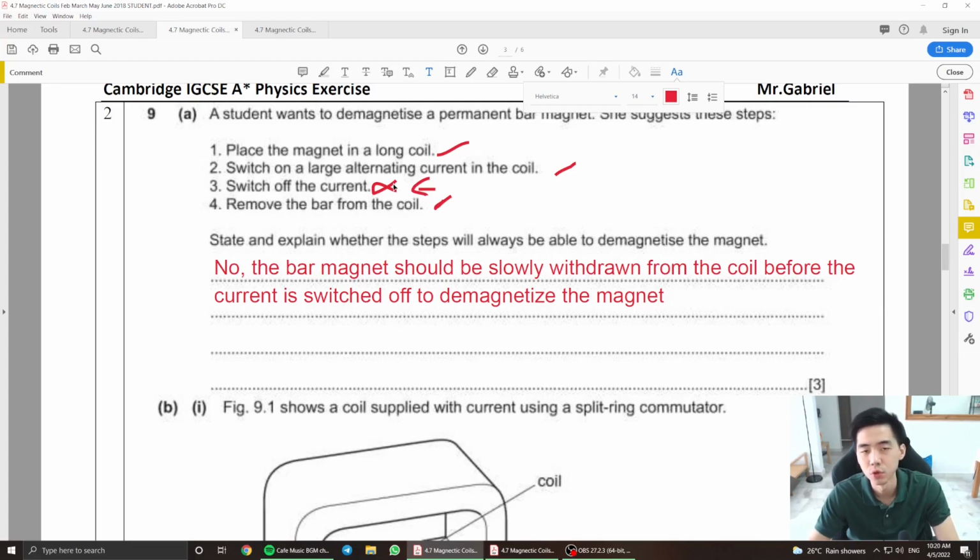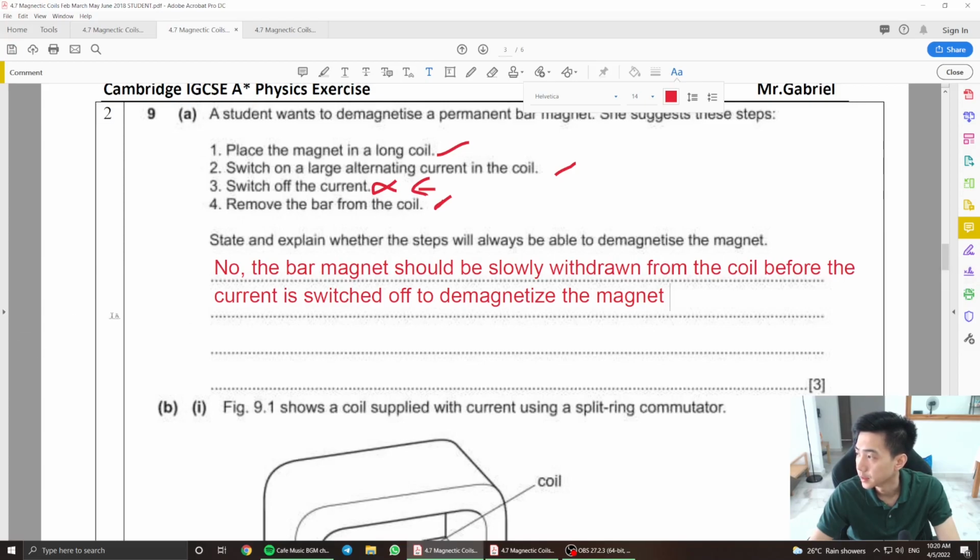Yeah, so basically you're not supposed to switch it off first; you're supposed to leave the current on, then only slowly withdraw it before you're switching it off. So the bar magnet should be slowly withdrawn from the coil before the current is switched off to demagnetize the magnet. Yeah. So this is going to be your answer here.